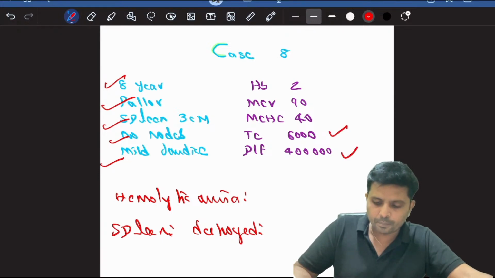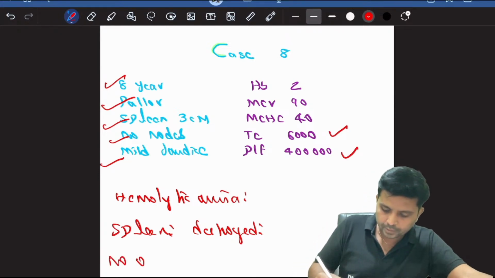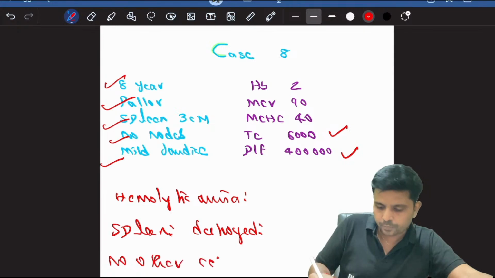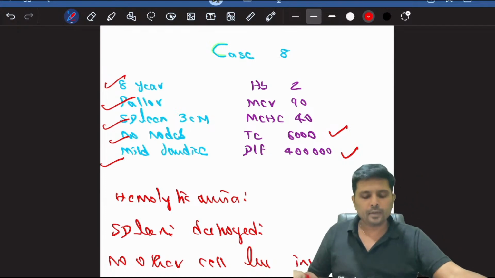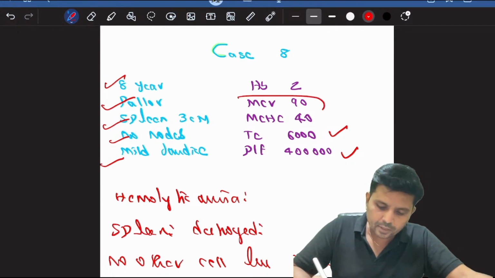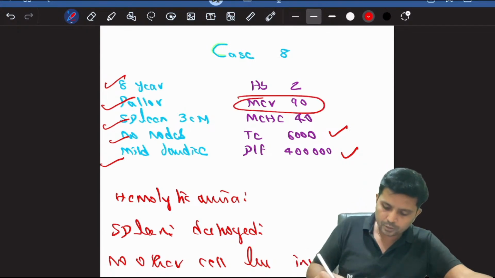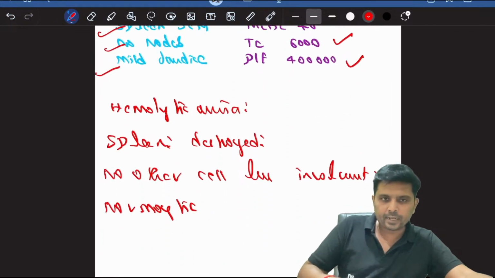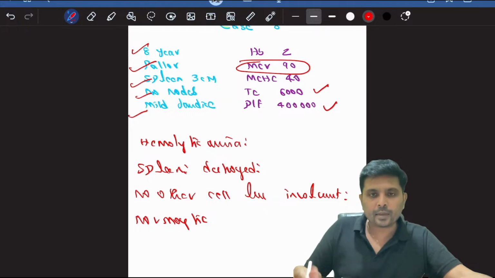TC is normal, platelet is normal, no other cell line involvement. MCV is 90, so this is normocytic anemia.